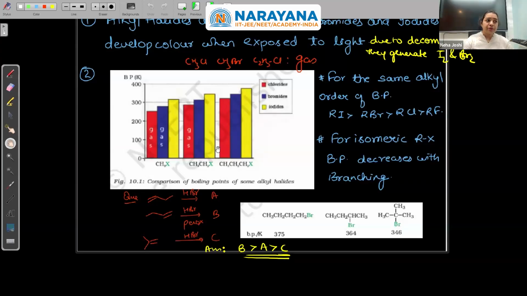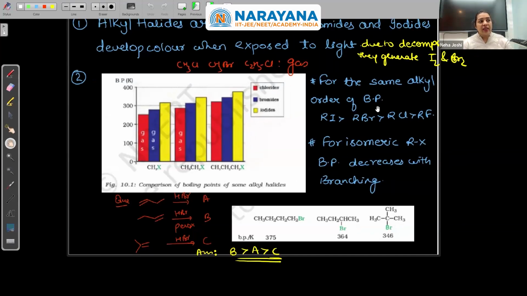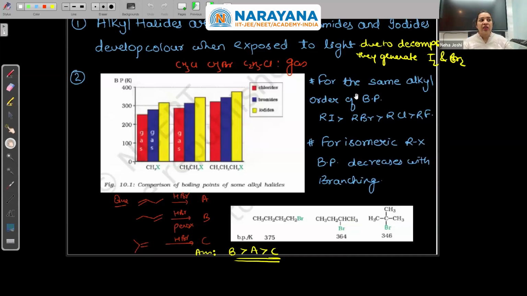This we can deduce from here. Okay. And if the alkyl is kept same and the halogen is changed, then the heavier the halogen, the more the boiling point. This also we can infer from here. Is that fine? Then we can be asked for the same alkyl order of BP this way.